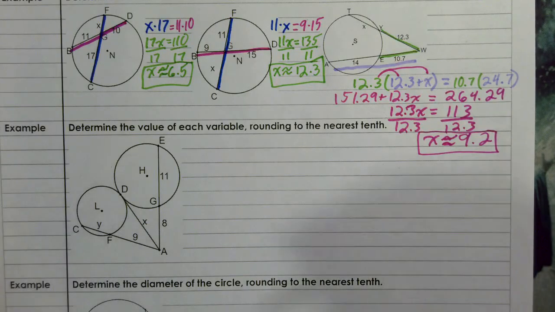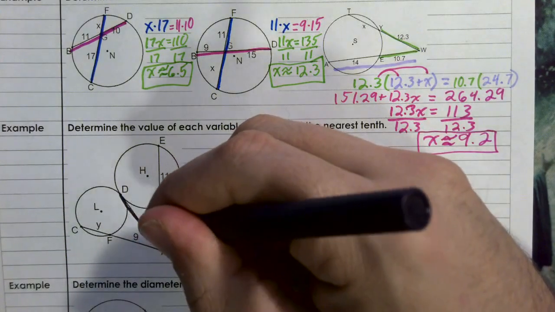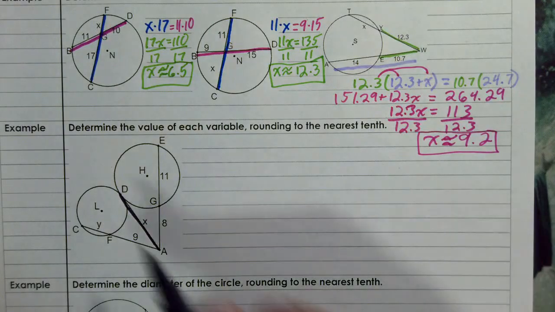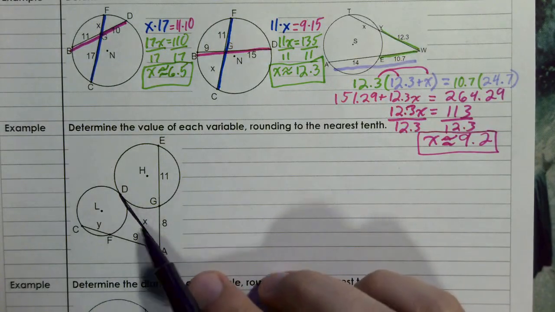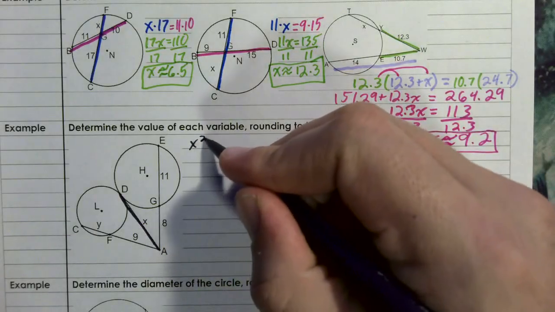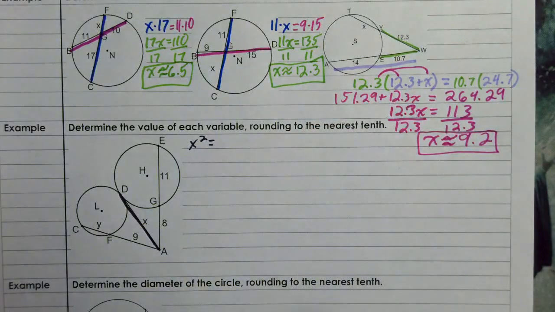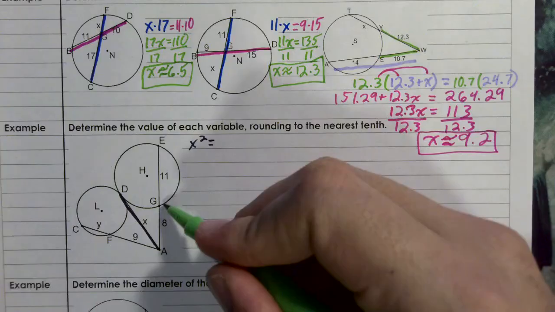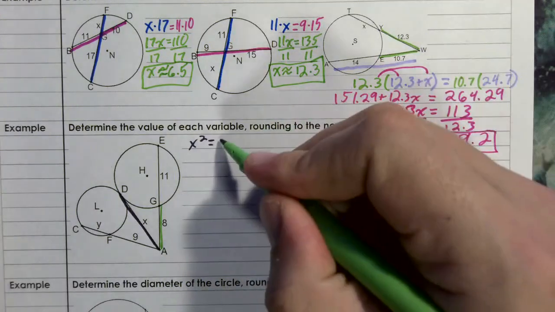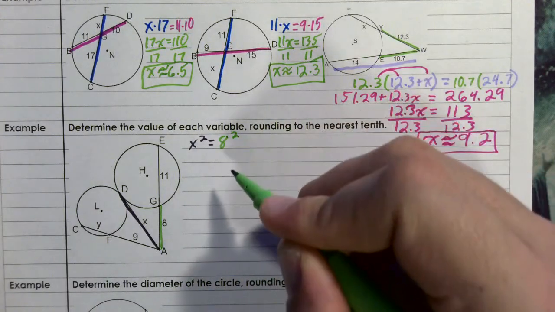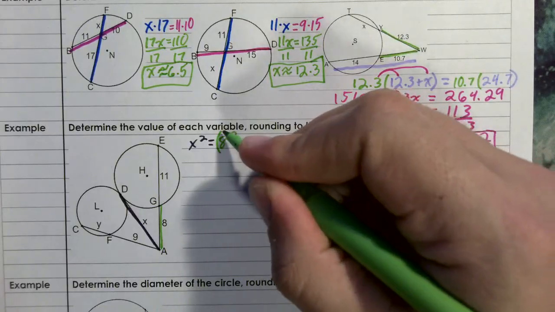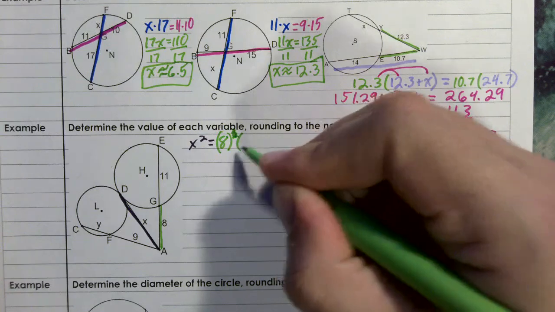This example down here is going to use that tangent idea. So this line right here is tangent to that circle. So I know that this side squared, x squared, has got to do that same outer part times the whole part trick. So our outer part here is 8. Nope, 8 times the whole thing.